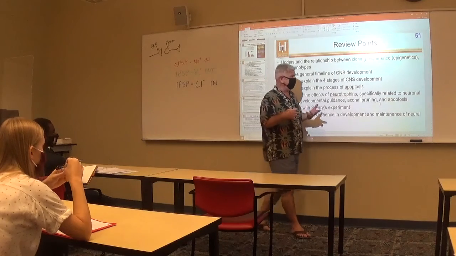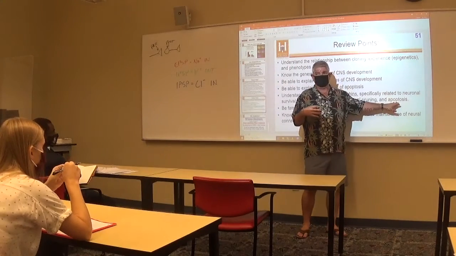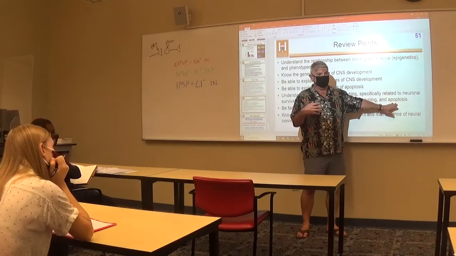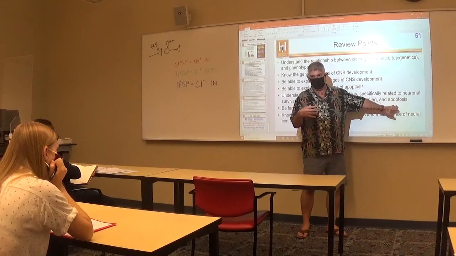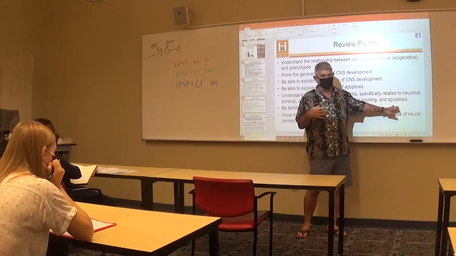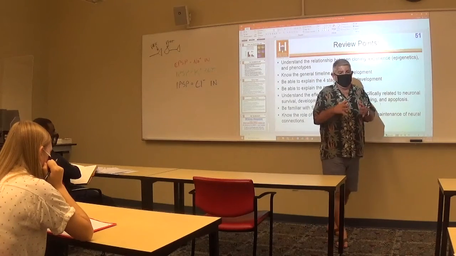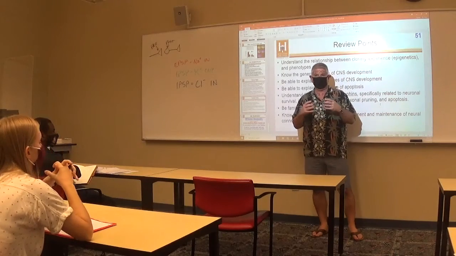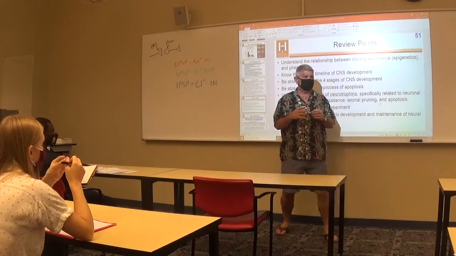However, if it doesn't have neurotrophin support, so a lack of the appropriate neurotrophin support is going to lead to apoptosis, programmed cell death. Finally, once everything is kind of settled, neurotrophins promote synaptogenesis.